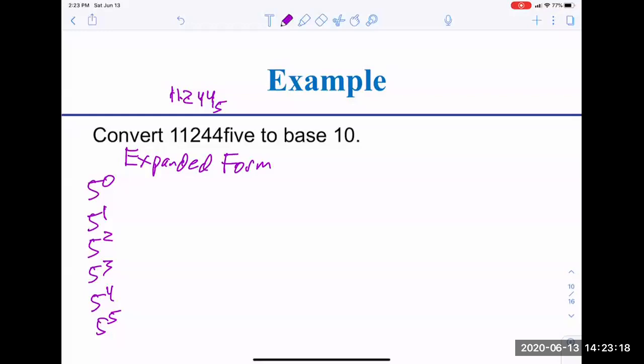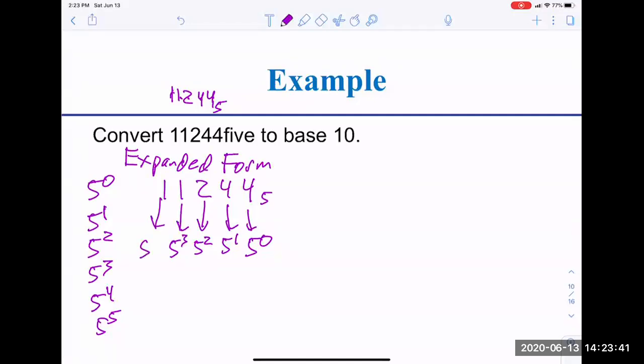So what I can do now is I'll look at my number. I'll spread it out here a bit. Okay, this is the 5 to the 0 slot. This is 5 to the first. 5 squared. So notice it's looking just like base 10, except these are now powers of 5.